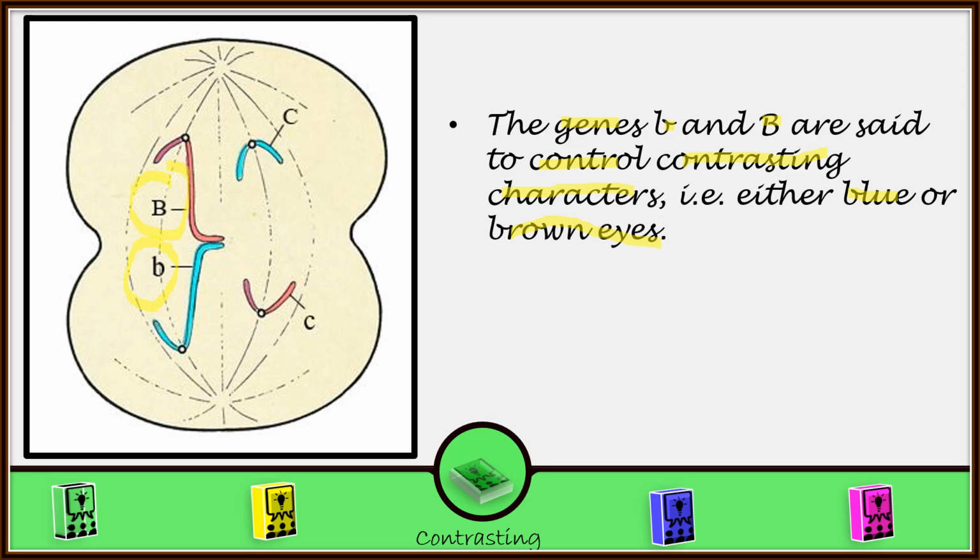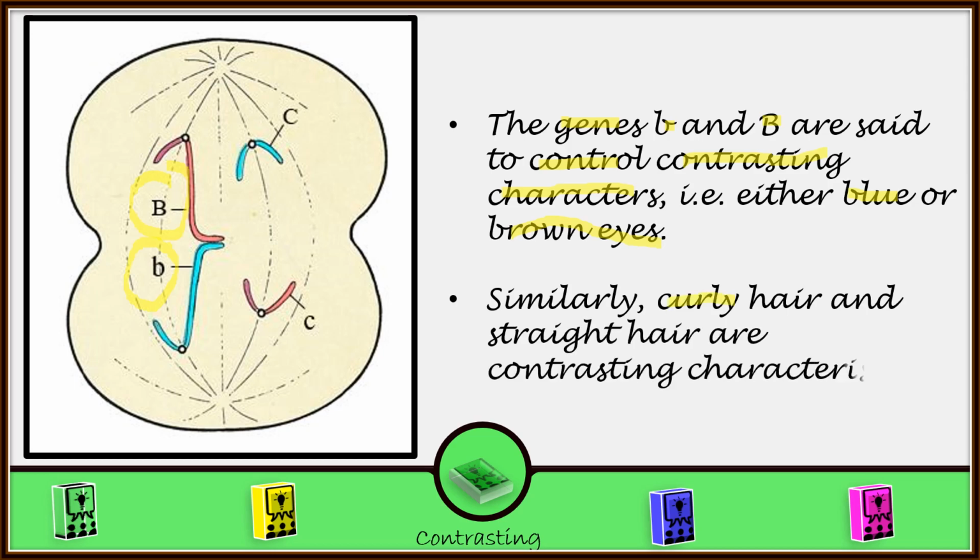So they are contrasting characters. It is the same character but contrasting each other. One is blue-eyed, and then another one is brown-eyed.